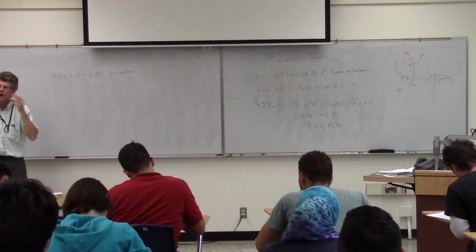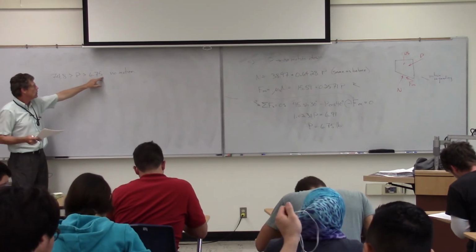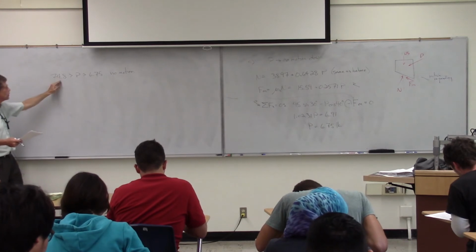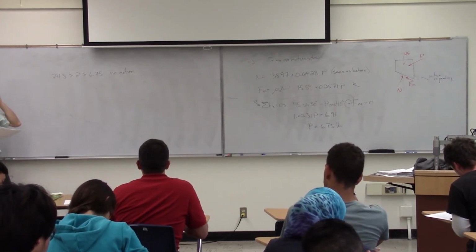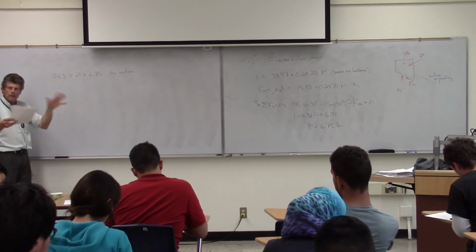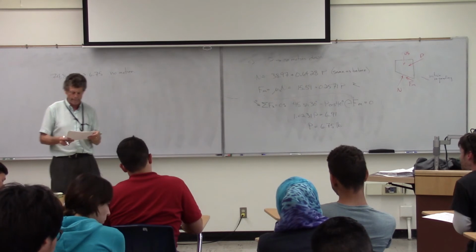It's not going anywhere. If I go less than this, then it'll start moving down. If I go greater than this, it'll start moving up. So that's basically the range of that P that keeps that particular block in equilibrium and keeps it from moving anywhere.